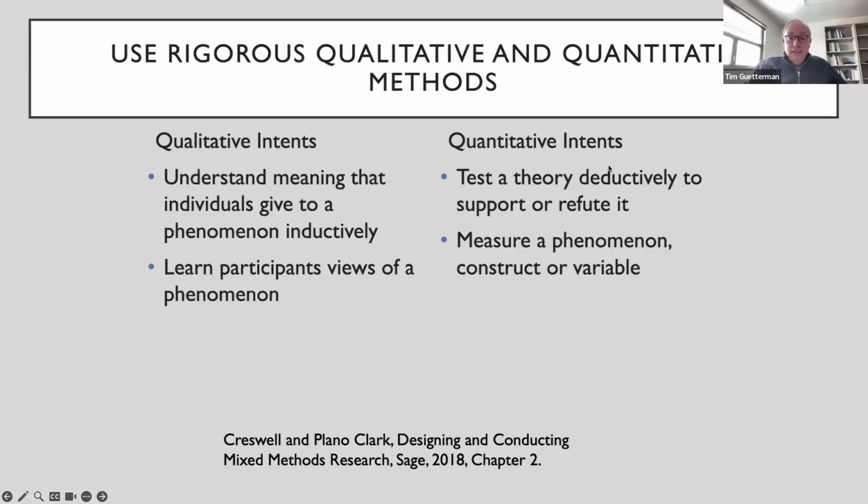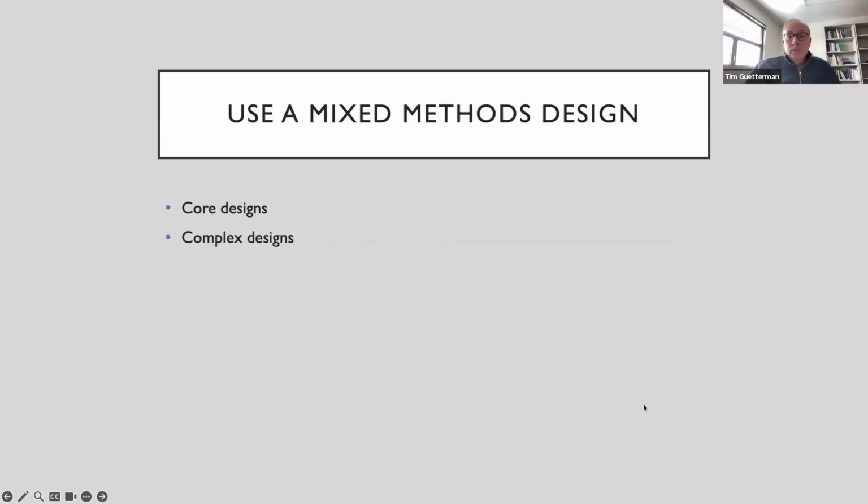Quantitatively, we often have very different intents where we might be testing a theory or testing a hypothesis, gathering evidence to support or refute it. Or perhaps we're measuring a phenomenon or looking at trends on a larger scale. So they do have very different intents. And in a mixed method study, that means really respecting both of those and ensuring that you have good quality in both your quantitative and qualitative components.